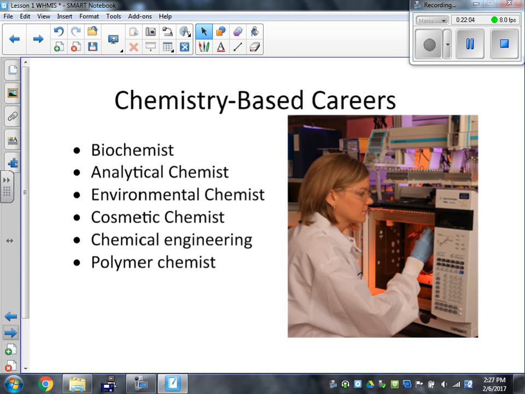And a polymer chemist basically makes long chains of carbons, very simplified, that we use in industries and things like that. Plastic shopping bags at Sobeys, polymer chemist kind of thing. So you would come up with new things like that, okay?